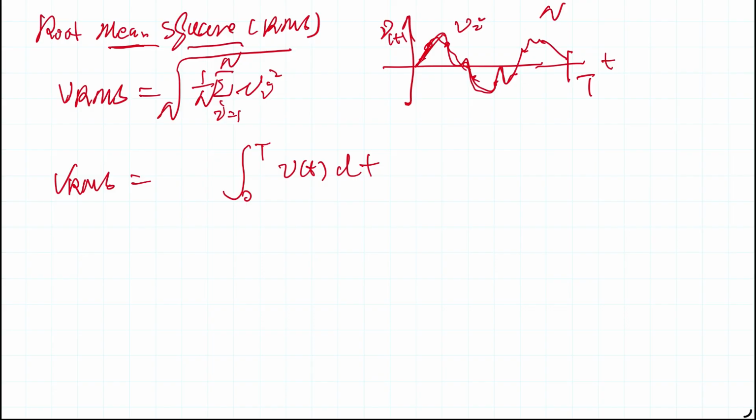We square here, that's the square part, and the mean is 1 over T, the mean over one period, and we take the square root of that. So that's the definition of the RMS value in a continuous domain.